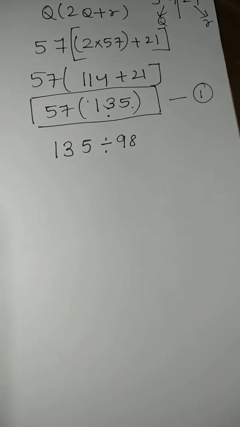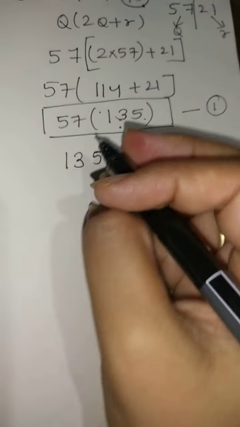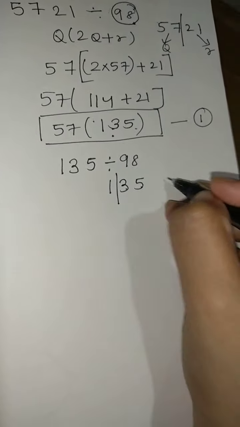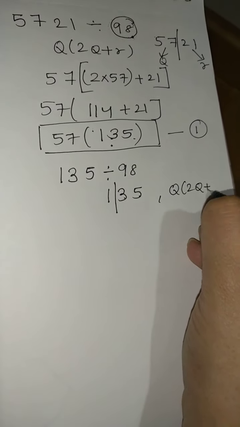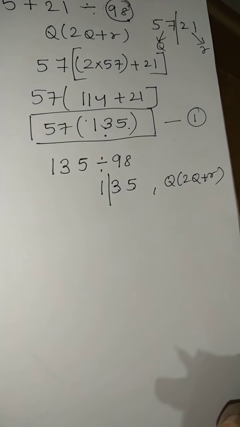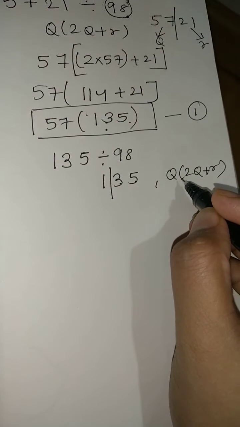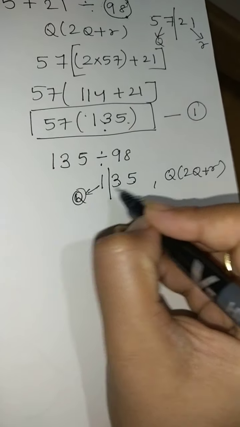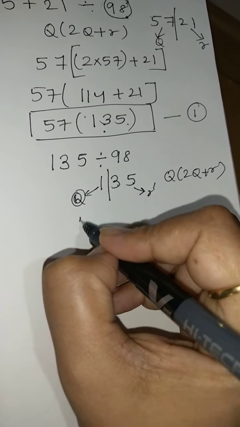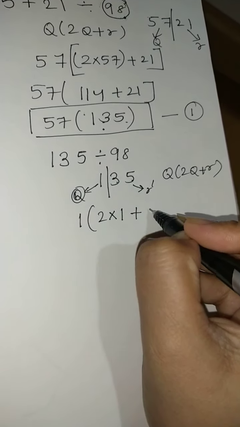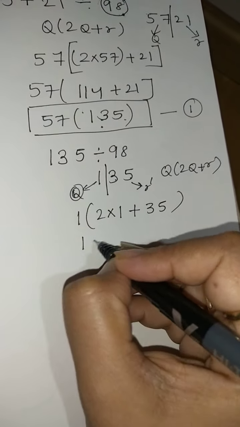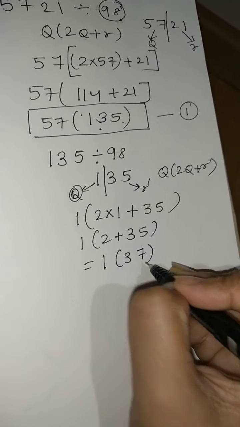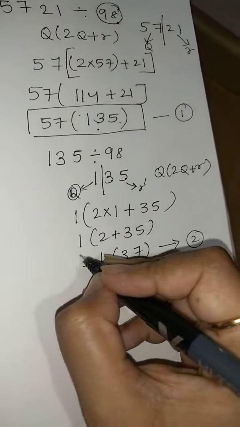In this again you will follow the same technique. 135, unit tens 100. Same formula, q 2q plus small r. Now after q 2q plus r, substitute. यहाँ पे 1 this is q, this is r. So 1, 2 into 1 plus 35. That is 2 plus 35. It becomes 37. This is your answer number 2.